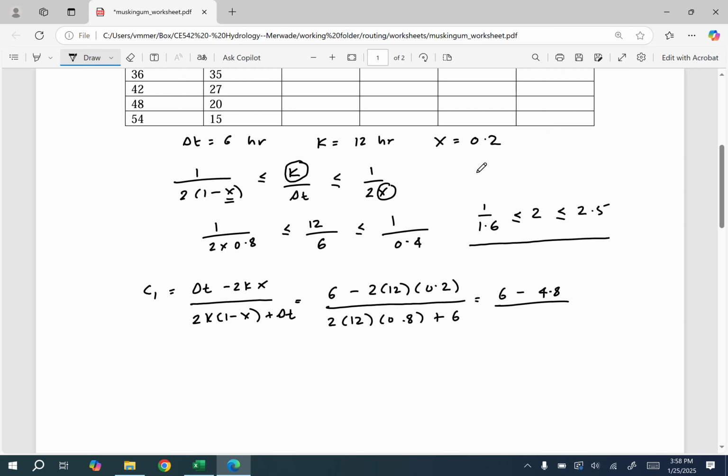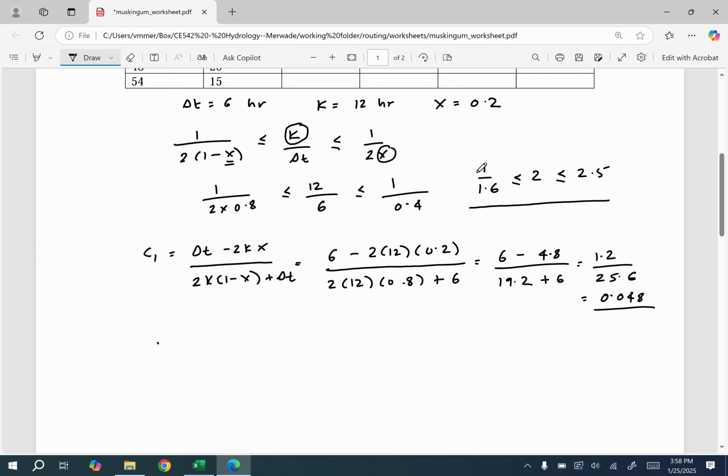Similarly, 2 times 12 is 24, 24 times 0.8 is 19.2 plus delta T is 6. So what we have here is 1.2 divided by 25.6, which comes to 0.048. Okay, so that's our C1.